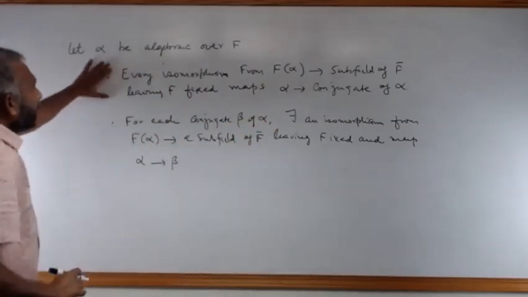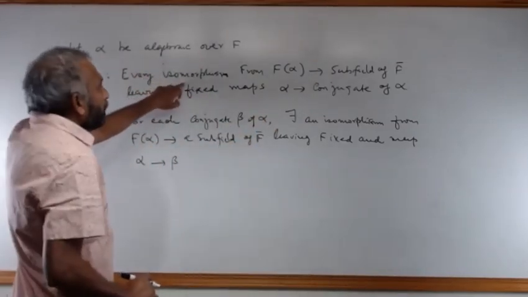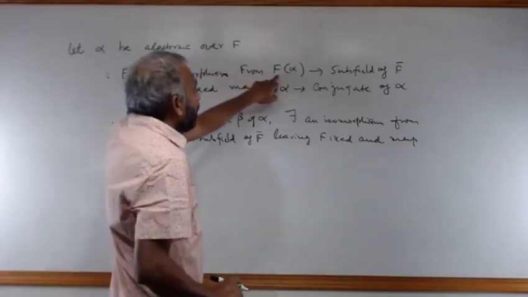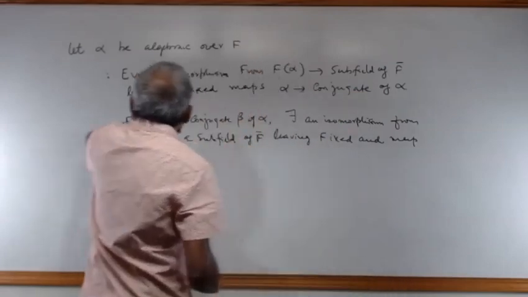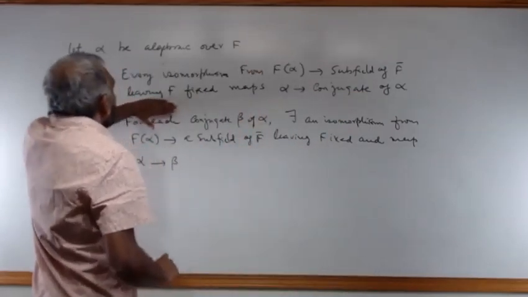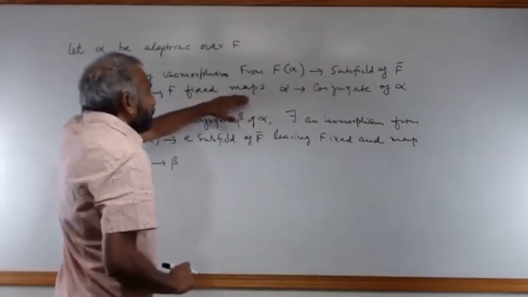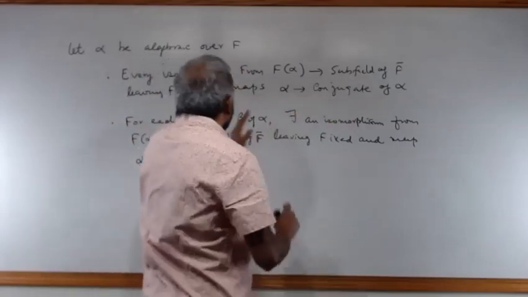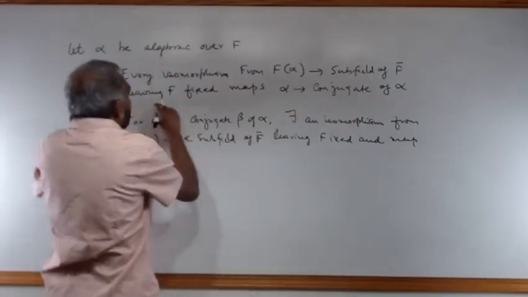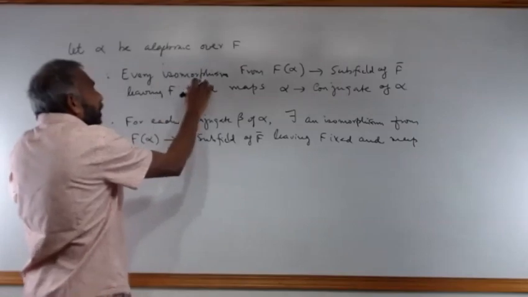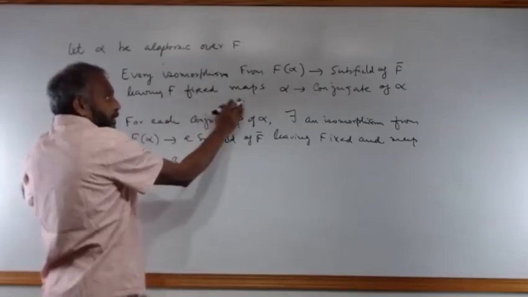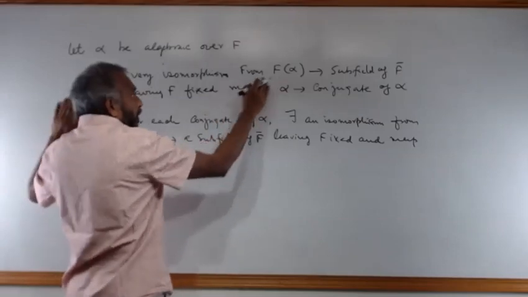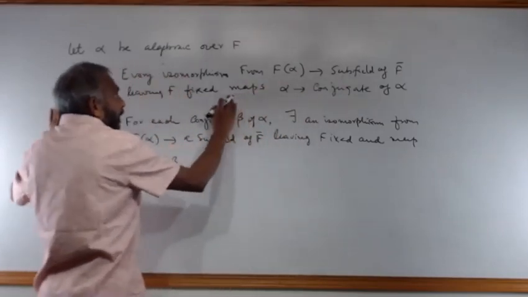So here it says that every isomorphism from F alpha to a subfield of F closure, leaving F fixed, maps alpha to its conjugate. So you are not taking any isomorphism, you are taking an isomorphism that leaves F fixed from F alpha to a subfield of F closure.